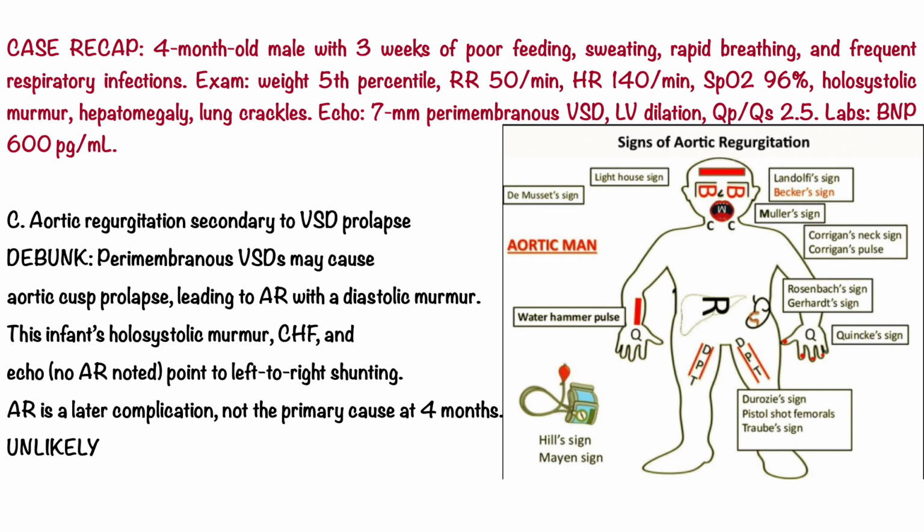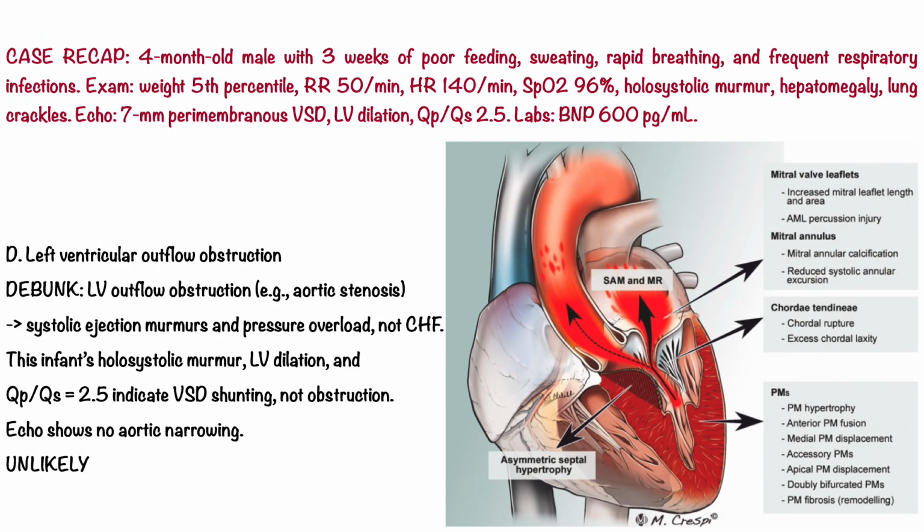So now we go to the fourth option that we have, which is left ventricular outflow obstruction. Left ventricular outflow obstruction is usually due to aortic stenosis. It usually presents with systolic ejection murmurs and also pressure overload, not CHF. And this infant has a holosystolic murmur and LV dilation, left ventricular dilation, which in this case is actually eccentric dilation.